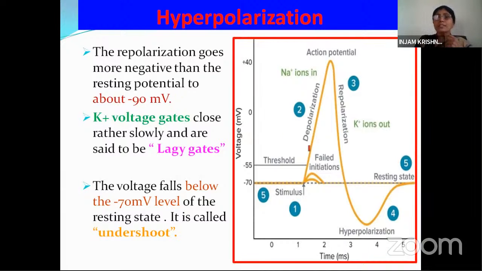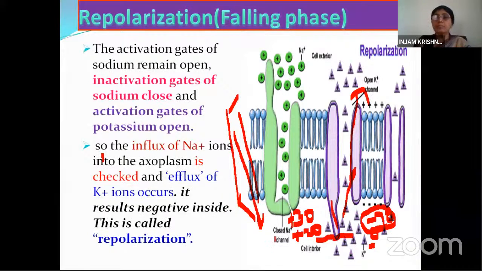Because voltage gated channels are lazy fellows. Go to the previous slide. Here the potassium voltage gated channel's activation gate opened, but it is not closed. It closes very slowly. That's why we call it lazy.